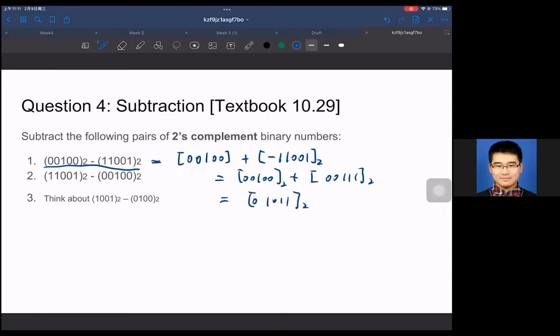Can you verify? Yes. Just check your math. And similarly for this case, I can do similar things; actually it's going to be the same.